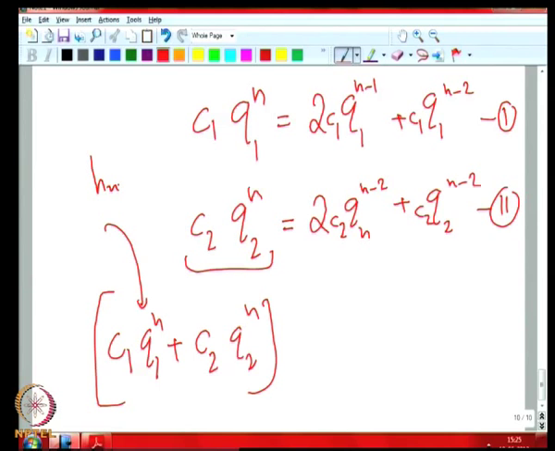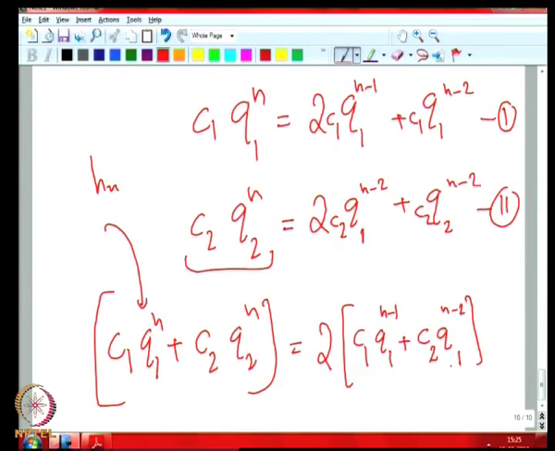And now, if you multiply it here, you will get 2 times C1 into Q1 raised to n minus 1 plus C2 into Q2 raised to n minus 1, and this portion is the Hn minus 1 according to our new proposed solution.